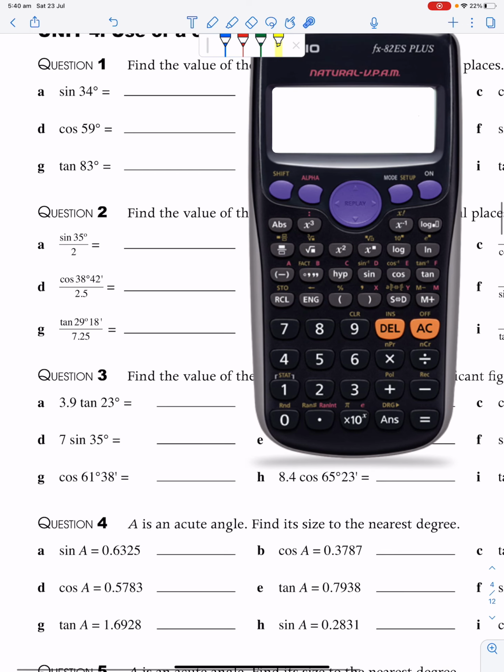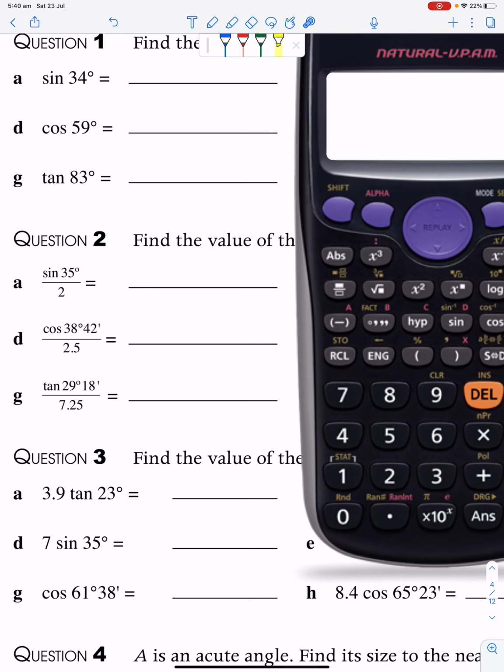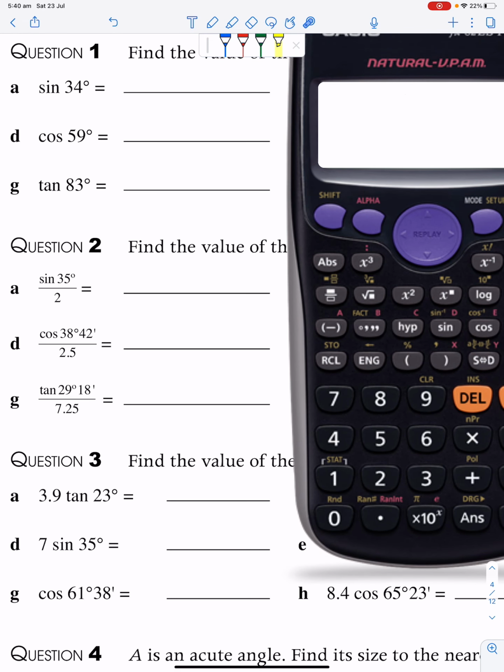Question 2D. I must explain this in detail. You see in 2D, you've been told cos. You've got degrees. Now this is minutes. So when you see cos 38 degrees, 42 minutes, this is your degrees and this is your minutes, is what we call this.